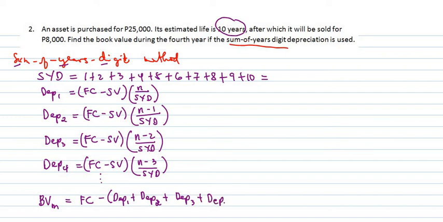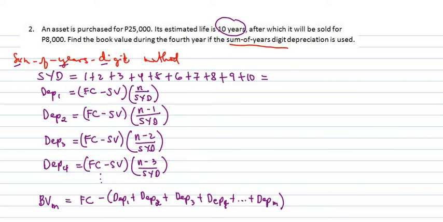So for this case, we are going to solve the book value after 4 years, so plus the depreciation for m years. Okay, so that is our formula.